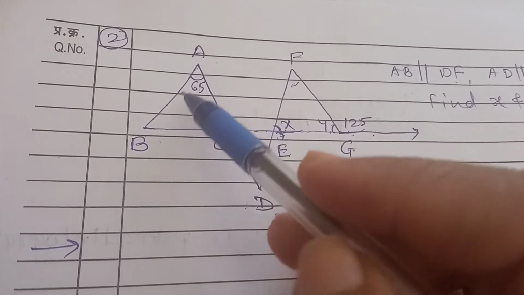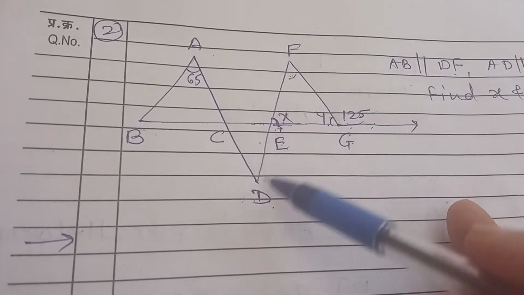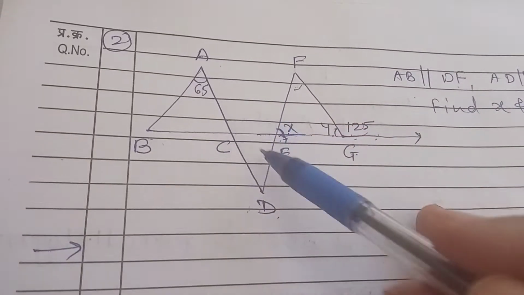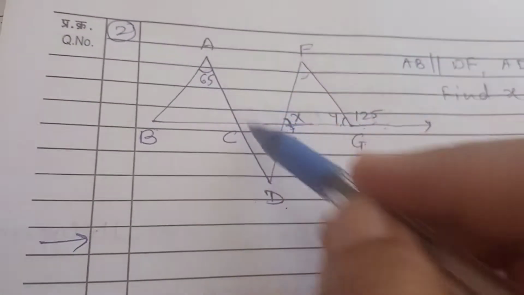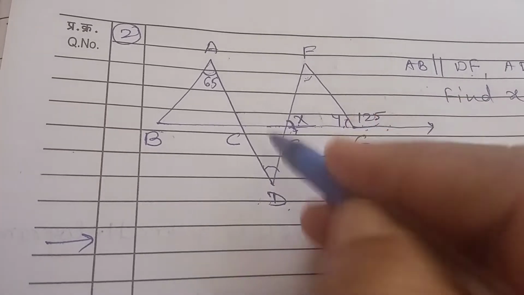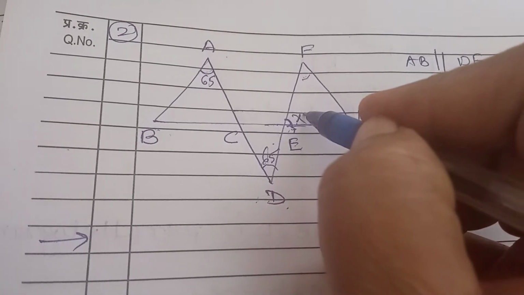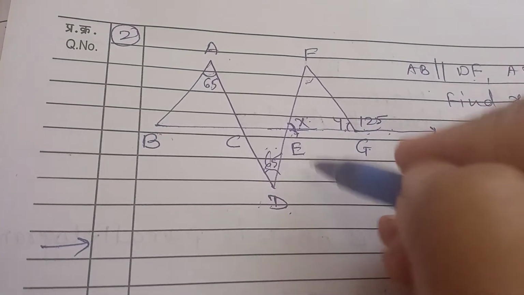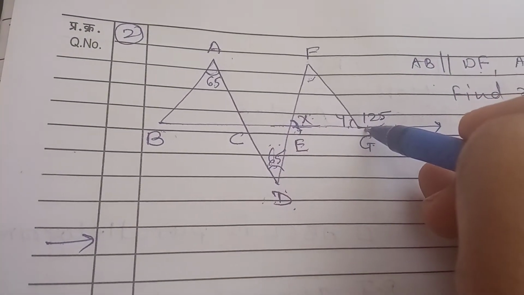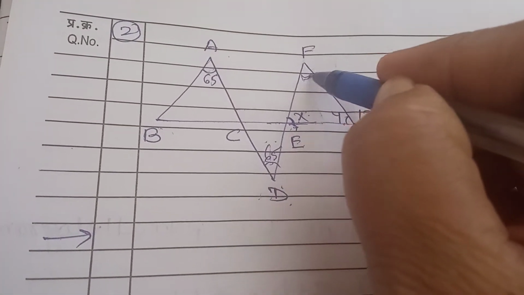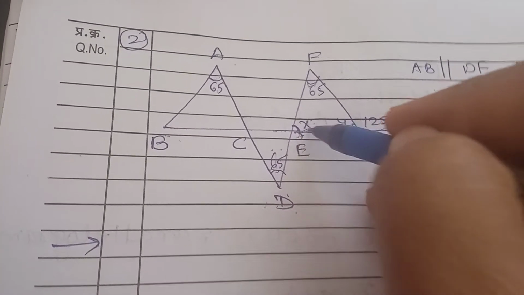So we will use the criteria of two parallel lines. AB is parallel to DF. As these are parallel, we can find this angle is 65 degrees. If this is a transversal, then this is also 65 degrees. Again we can find this angle is also equal to 65. Then from that we can find the angle x.